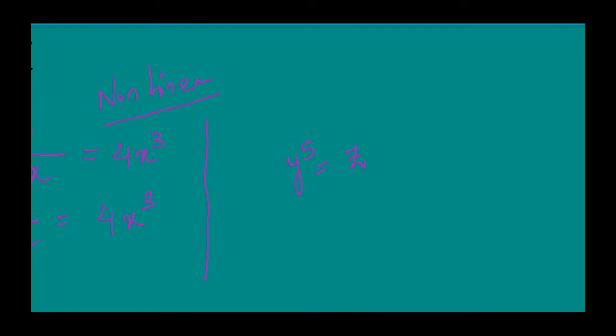then 5 y to the power 4 dy by dx will be dz by dx, and here y to the power 4 dy by dx will be 1 by 5 dz by dx.